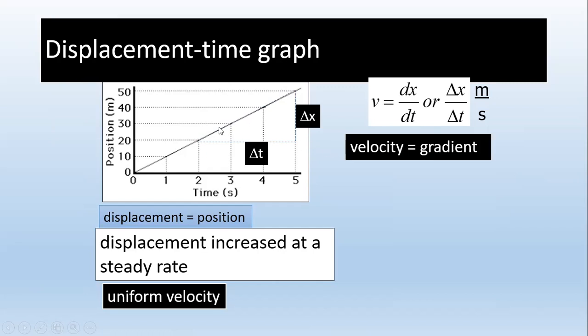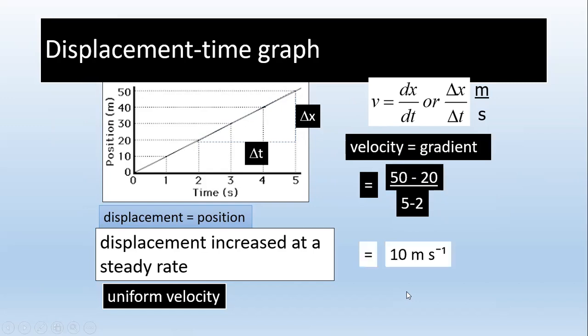So the gradient: this is 5, this is 55, and then this is 2 to 22. So the gradient is 30 divided by 3, which is 10 meters per second. So that is the steady speed or uniform speed, or uniform velocity, of 10 meters per second.